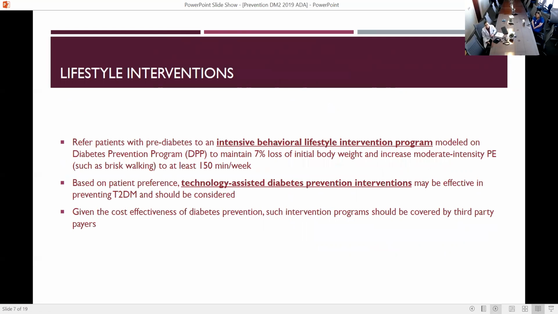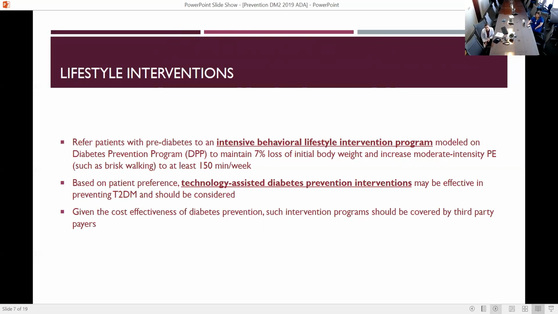So to prevent the progression, of course, lifestyle intervention is very important. They recommend trying to get someone enrolled in an intensive behavioral lifestyle intervention program. It's modeled after the DPP program, where they were trying to maintain a 7% weight loss with moderate intensity activity up to 150 minutes per week, as well as dietary modification.